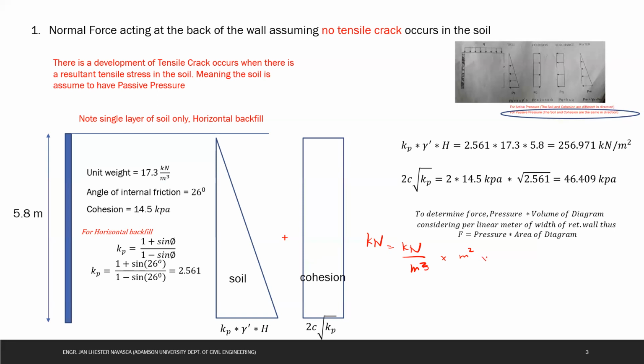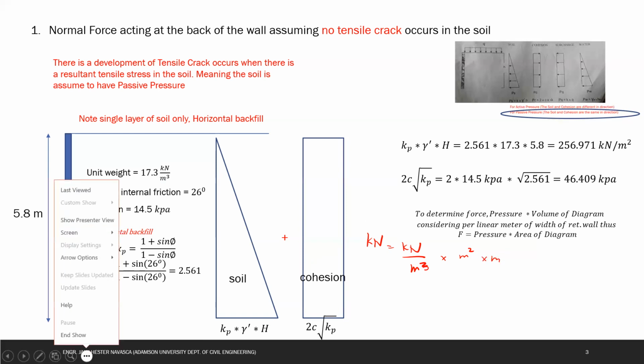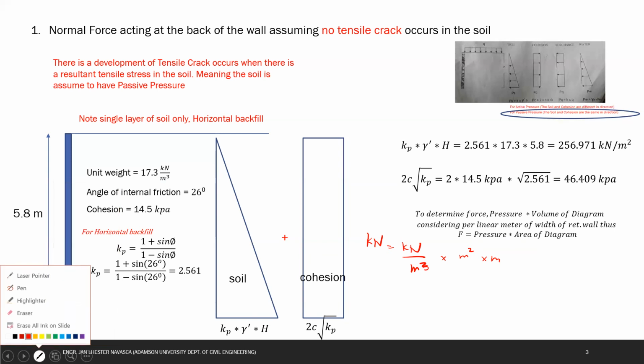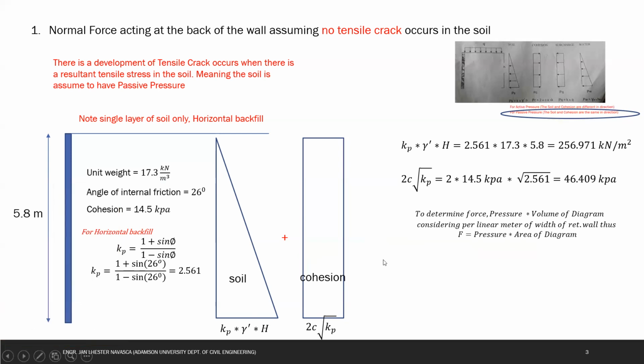Okay, linear meter mo siya. So ang nangyari, kaya ganyan, you have this force, which is the pressure times the area of the diagram. So that is how you determine the force.